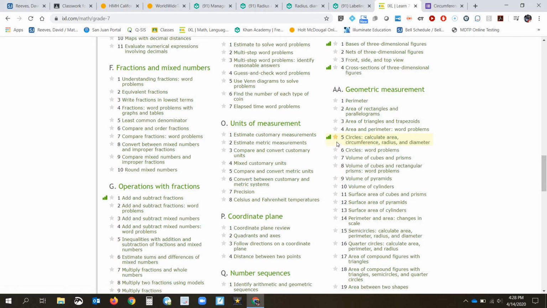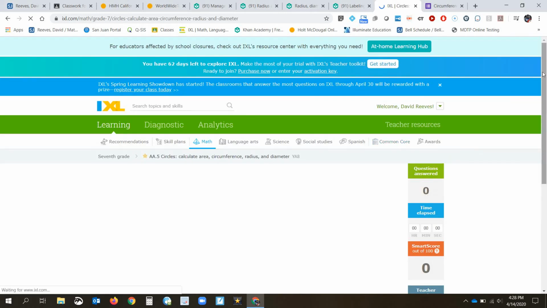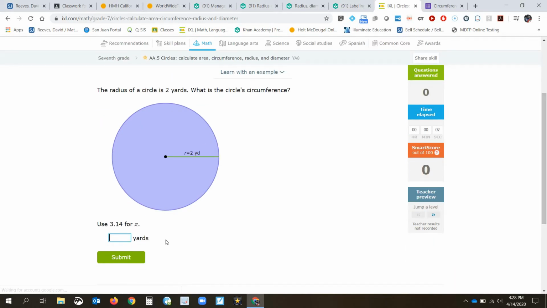But these ones that are starred in yellow are the ones that I'm recommending. As you can see, this one goes with the lesson we've been working on. So I'm going to go ahead and click it up here. The first question: the radius of a circle is 2 yards. What is the circle's circumference?